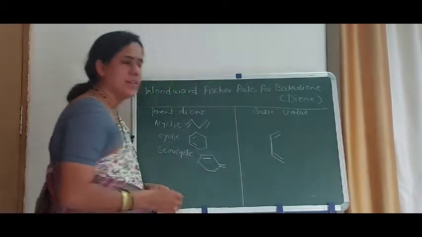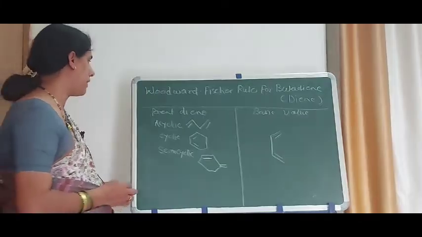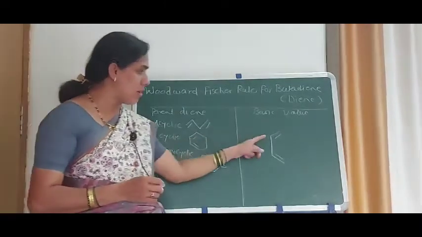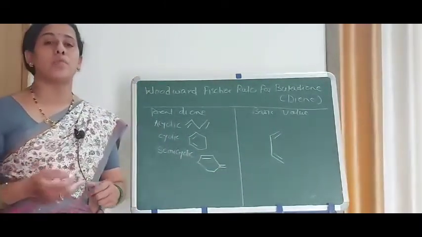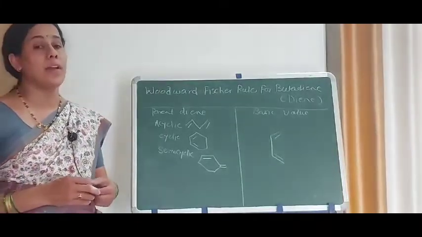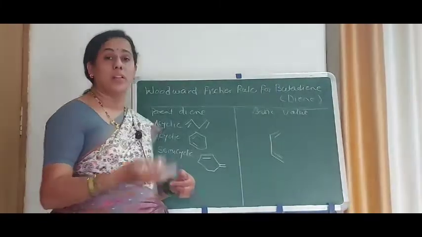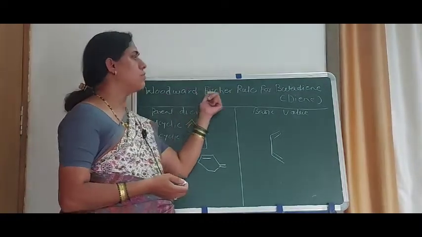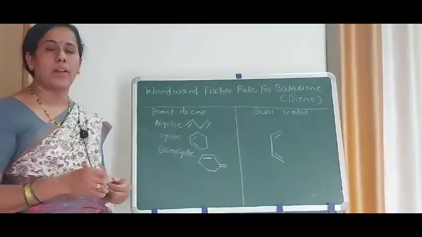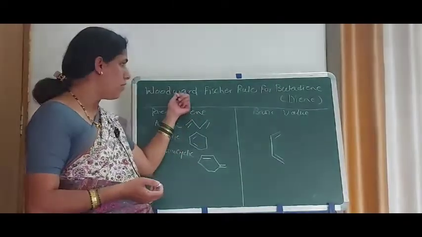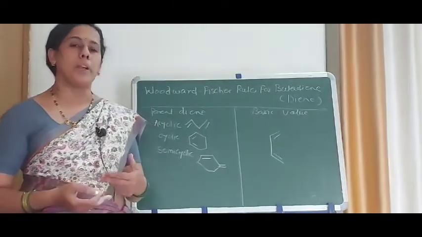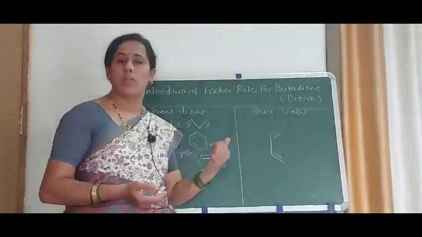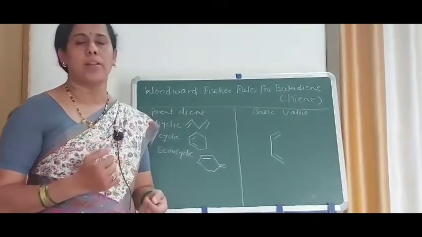According to the structure, we have to calculate the wavelength of maximum absorption using the Woodward-Fischer rule, and compare it to the observed value, that is, the value observed when butadiene is taken.